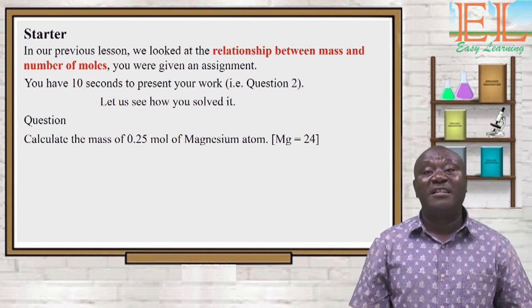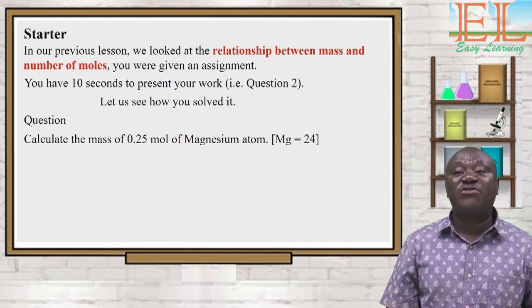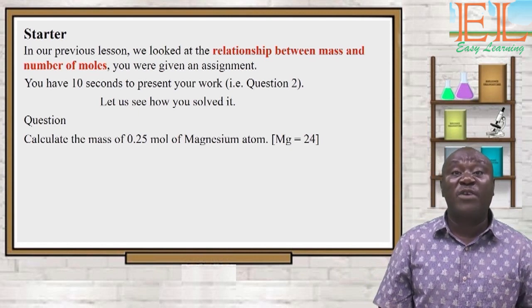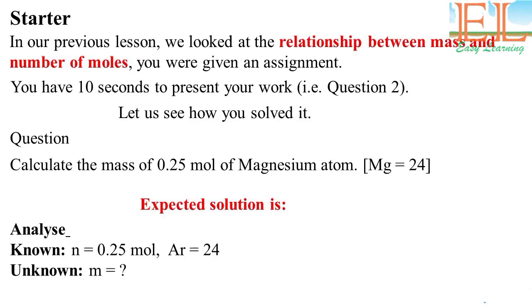As usual, we are going to use the problem-solving strategy to solve the question. Now, the analysis of the question gave us n is equal to 0.25 moles, relative atomic mass of magnesium is 24, and the unknown is lowercase m.